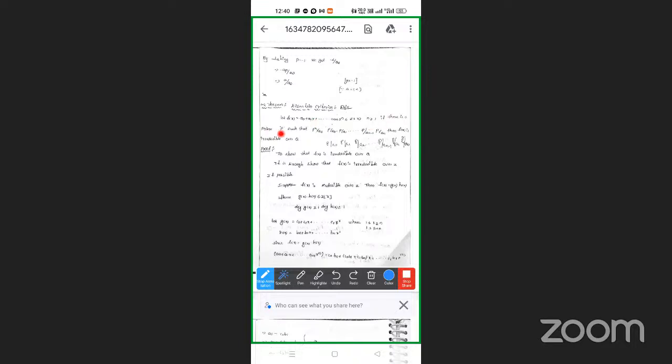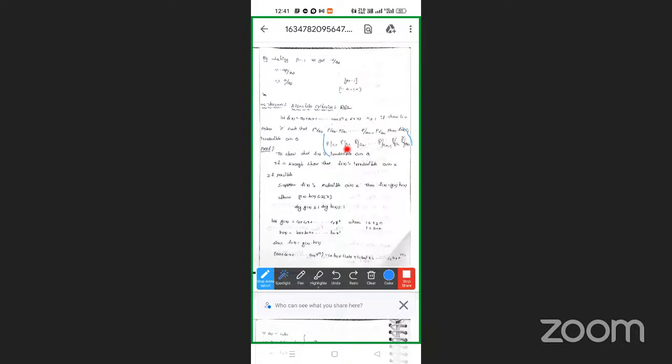If there exists a prime number p such that p² does not divide a0, p divides a0, p divides a1, up to p divides a(n−1), and p does not divide an, then f(x) is irreducible over the rational numbers, that is, irreducible over Q. This is an important theorem: p divides a0, p divides a1, p divides a2, up to p divides a(n−1).